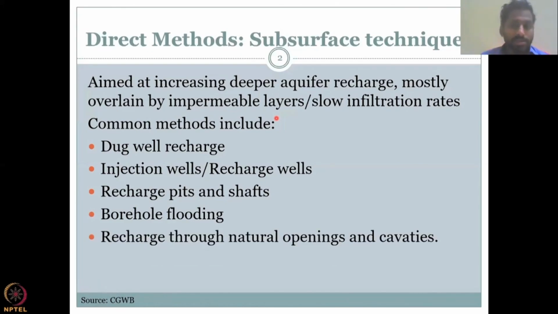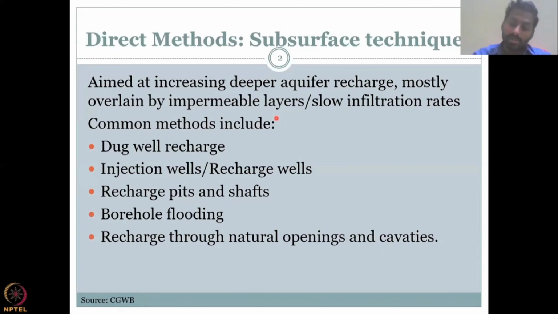Of these, some of these common methods we would discuss today in detail in class. The last two we won't because it's not much done. For example, recharge through natural openings and cavities. You already have cracks in the underground surface, right? You have rocks which have cracks. The idea is to recharge that water by sending water in.